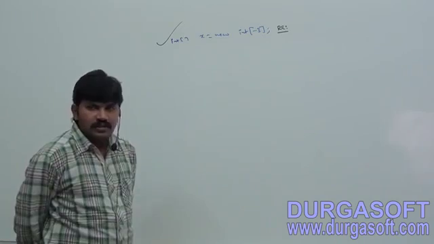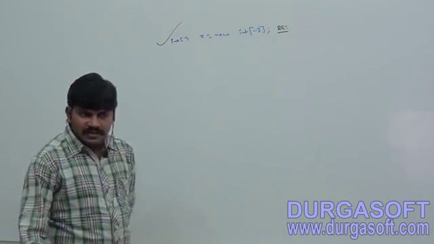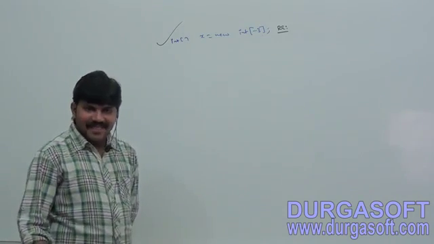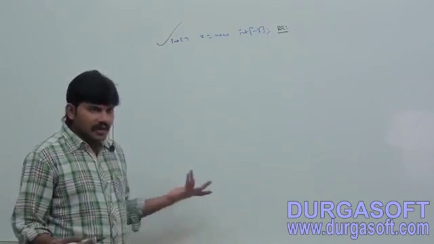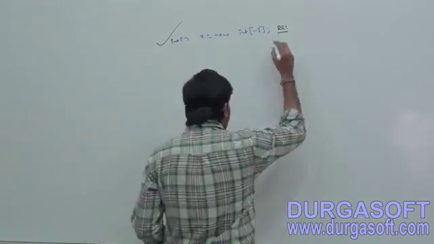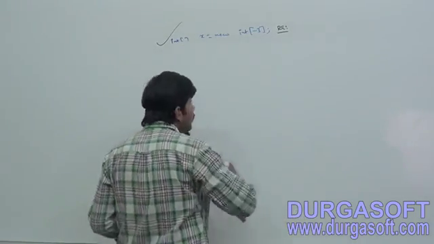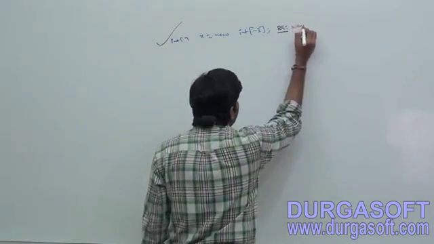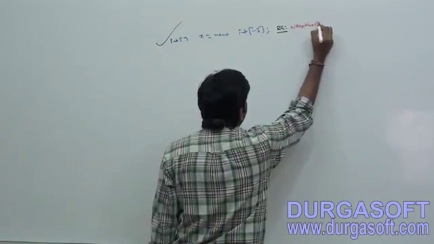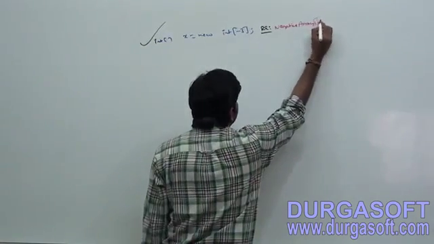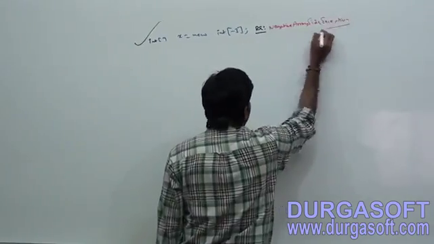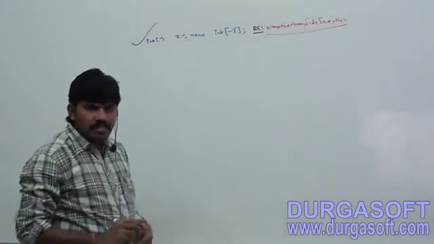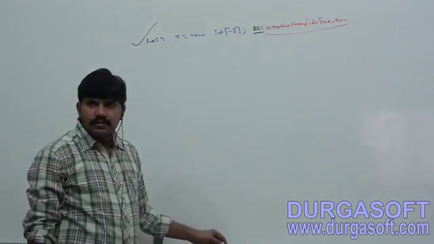That's why the exception is NegativeArraySizeException. Correct or not?